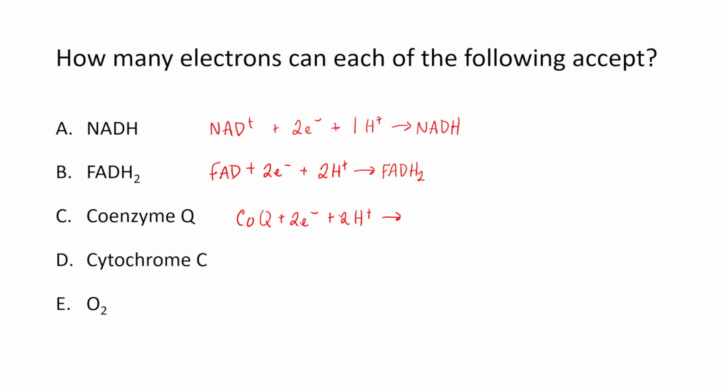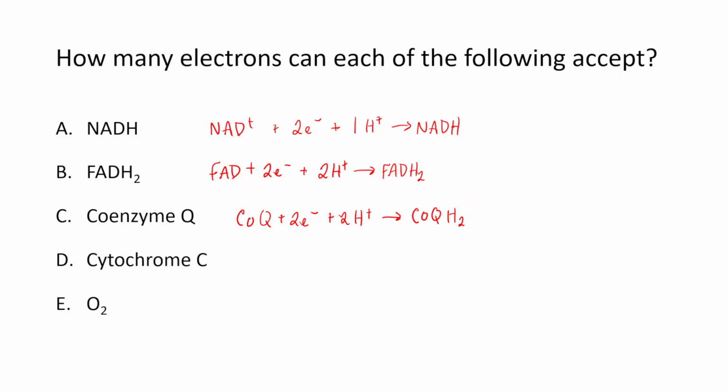Protons gives you reduced coenzyme Q. And coenzyme Q, similar to FADH2, can also accept just 1 electron. But for most of what we are talking about here, it's 2.